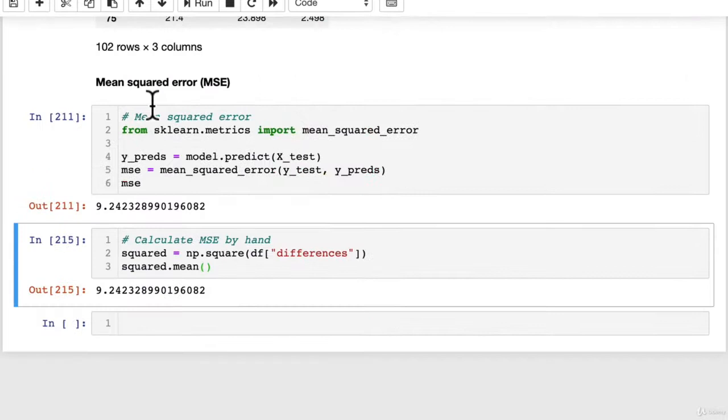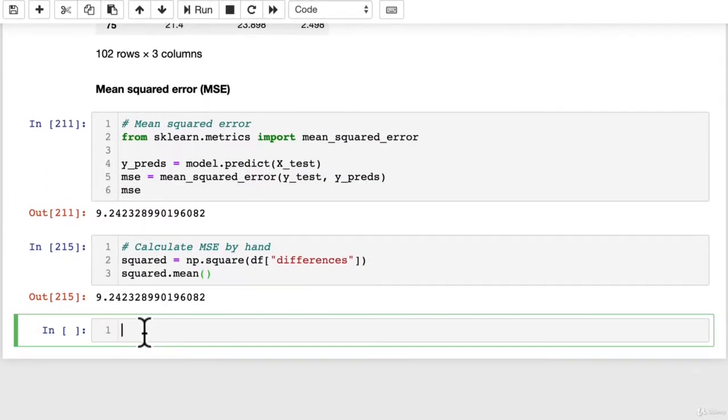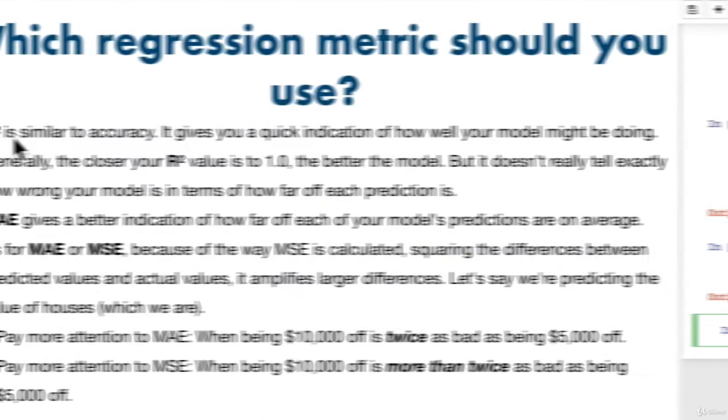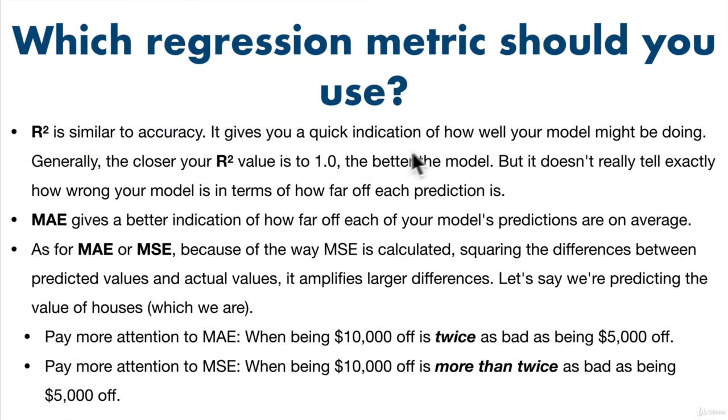Now, the next logical question is, and even if you aren't asking it, which regression evaluation metric should you use? So we look here, we'll come back to the keynote. So R squared is similar to accuracy, right? It gives you a quick indication of how well your model might be doing. Generally, the closer your R squared value or coefficient of determination value is to 1, the better the model.